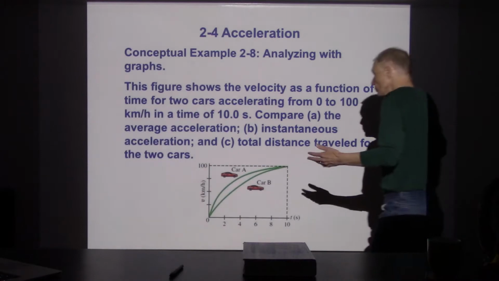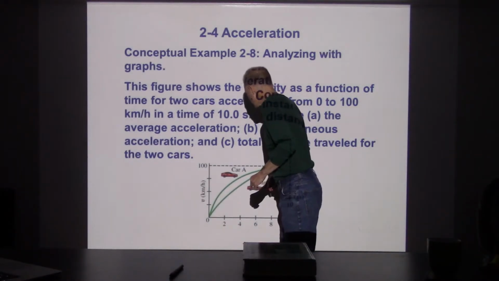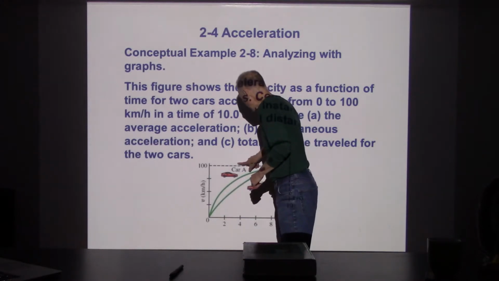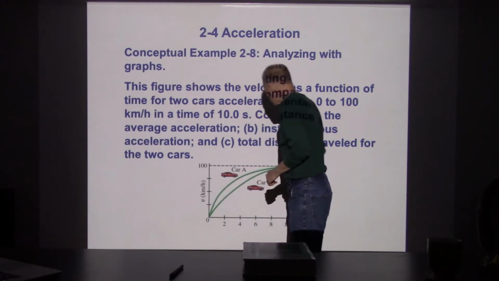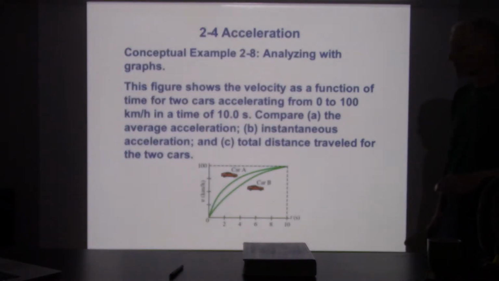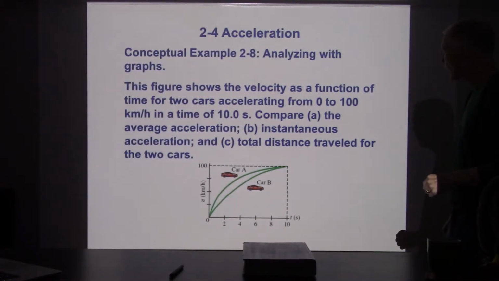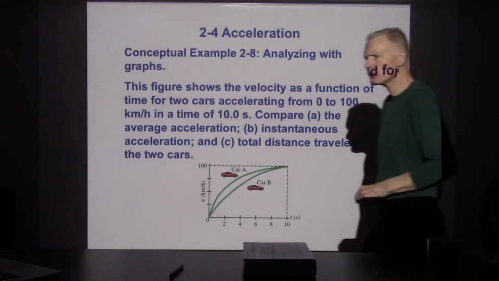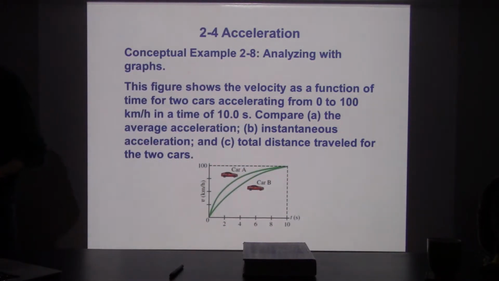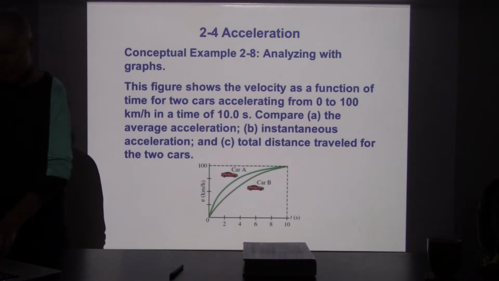Now, what did happen is that even though they both reached the same speed, at all times car A was traveling faster than car B. So if you consistently travel at a higher speed during the same time interval, I'm guessing that's going to lead to a larger displacement. You're going to travel farther if that's the case.